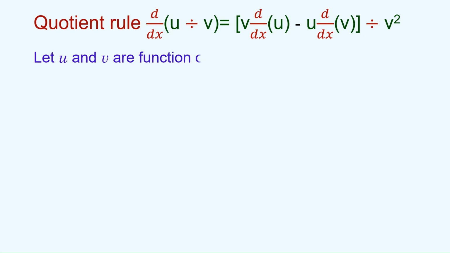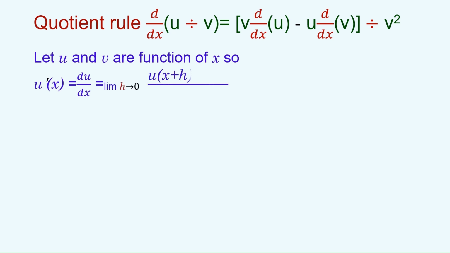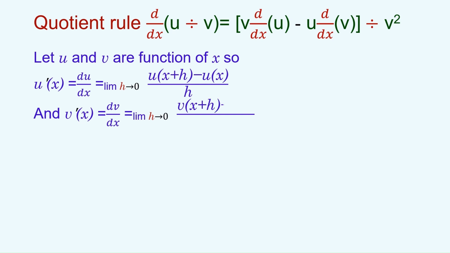Let u and v be functions of x, so u'(x) = du/dx = limit as h tends to 0 of [u(x+h) − u(x)]/h, and v'(x) = dv/dx = limit as h tends to 0 of [v(x+h) − v(x)]/h.